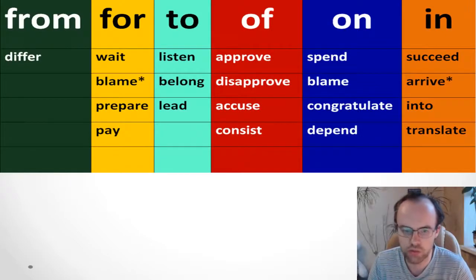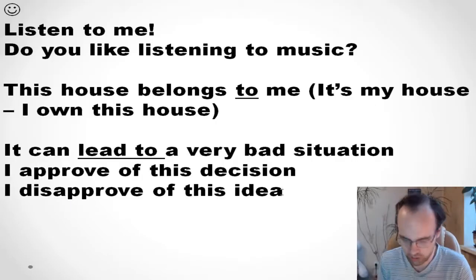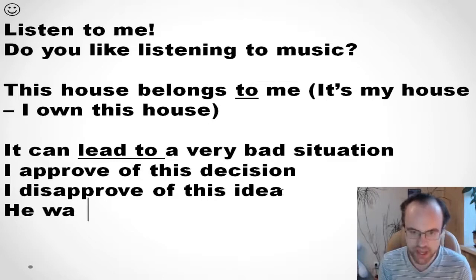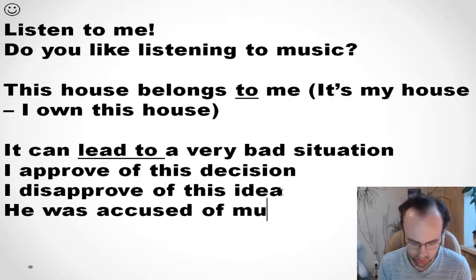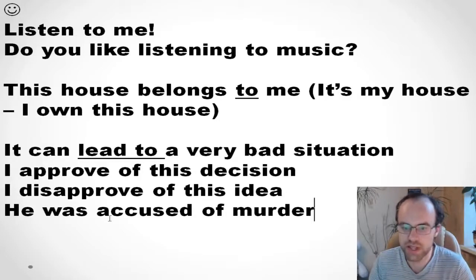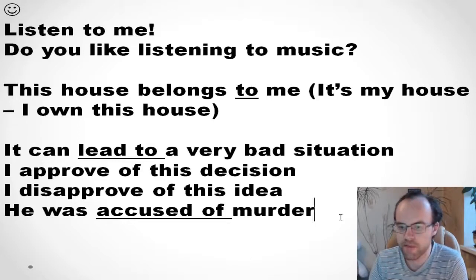Next, accuse of. He was accused of murder. It means that other people said that he had killed someone. Other people accused him, so they said very negative things connected with crime.